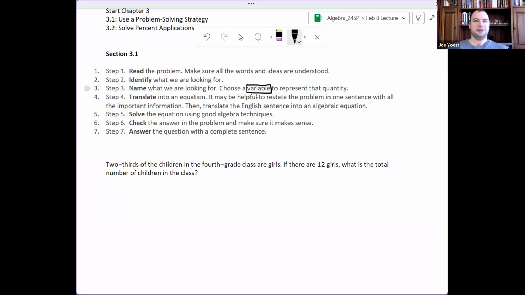We might use X just kind of as a default, but if we're looking for number of children in a class, maybe we use N, or maybe we use C. You could use whatever variable you like, but choose a variable and note what it represents. Translate into an equation. So figure out which expressions are being equated here. We should have one mathematical expression equals another mathematical expression.